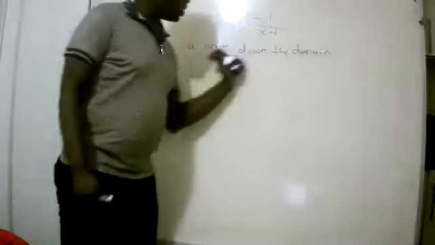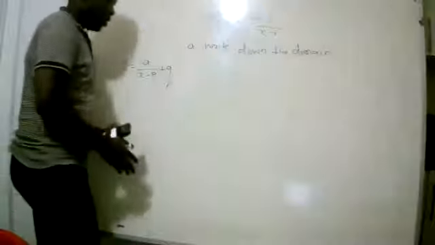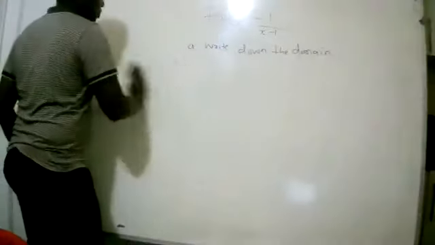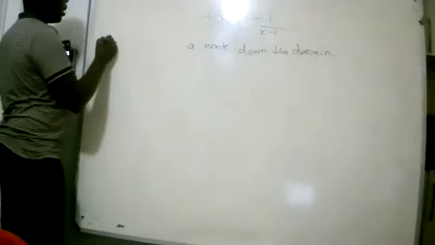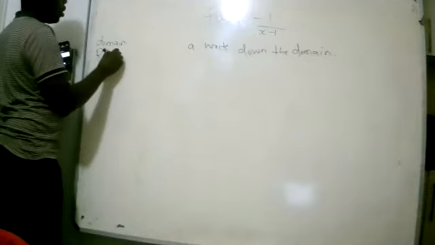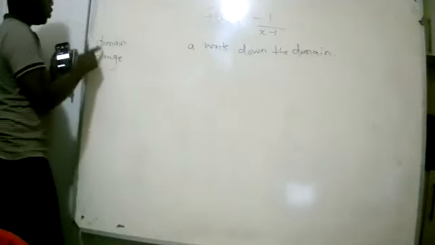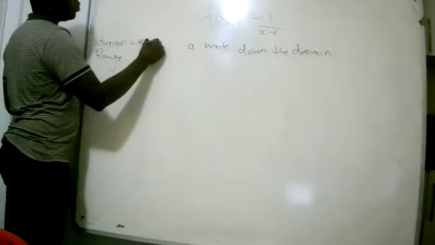Now let's discuss the domain of this. Let me give you a simple definition of the domain and range. Whenever you come across these two definitions, the domain is the x values.